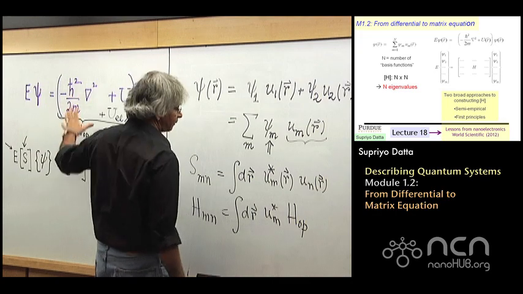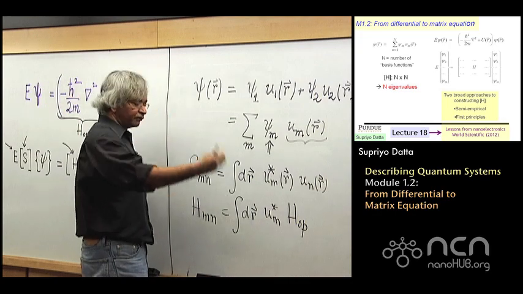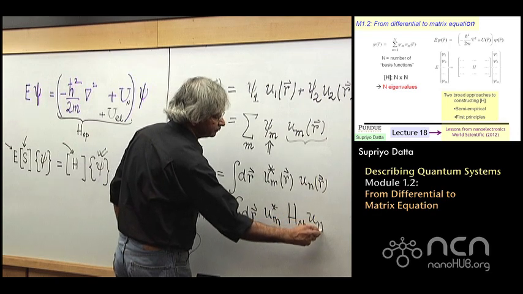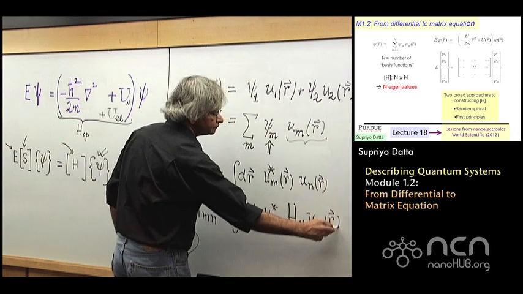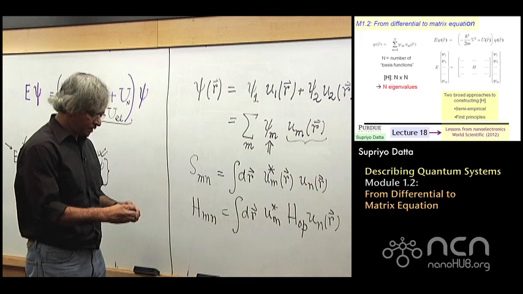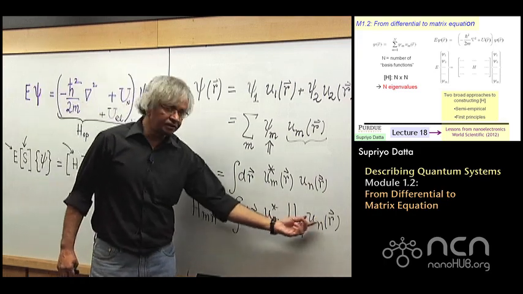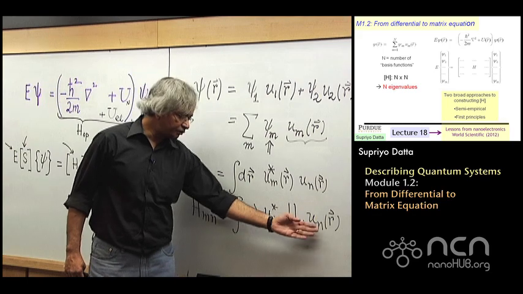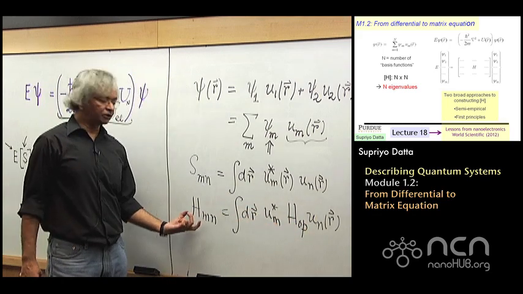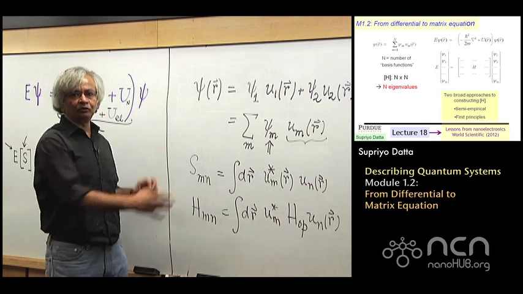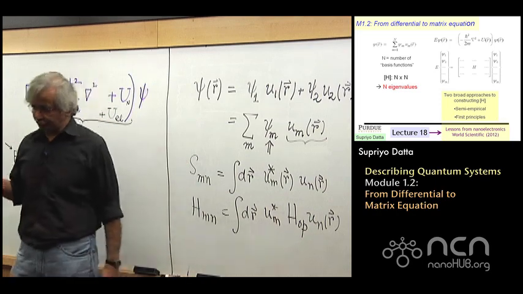That's that differential operator that appears in the differential version of Schrodinger equation acting on un. See? So, in principle, again, if I know these functions and I have this differential operator, I could do that integral and come out with all the elements of this matrix. See? So this would be what you'd call the first principles way of doing this.